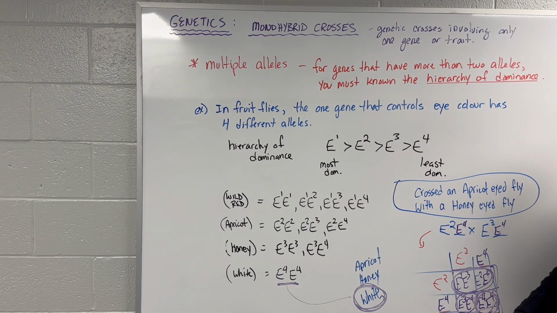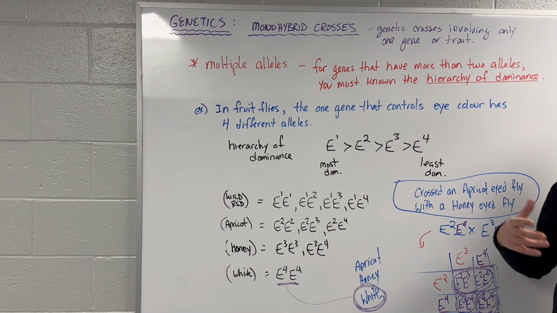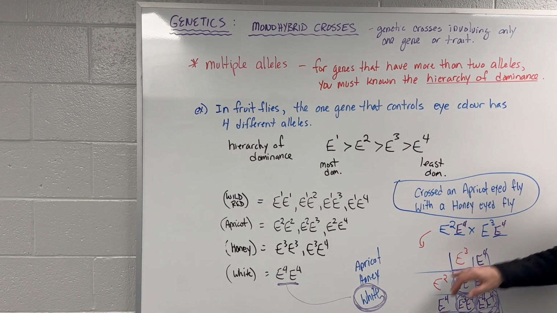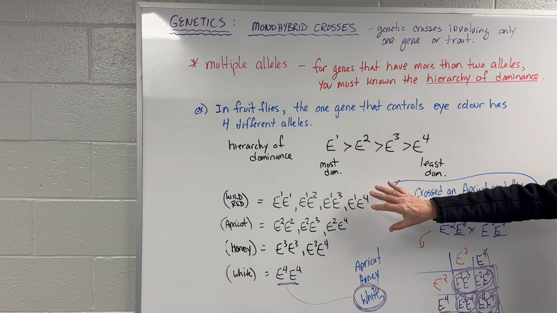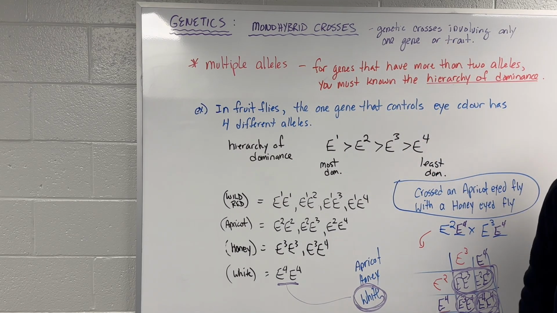I got a 1 in 4 chance every time of having a white-eyed baby. And that's just chance. Chances are, if I had 20, 30, 40, 50 babies, I would probably see the numbers look more like a 2 to 1 to 1 ratio. So that's a little bit about probability in our multiple allele example of a monohybrid cross.